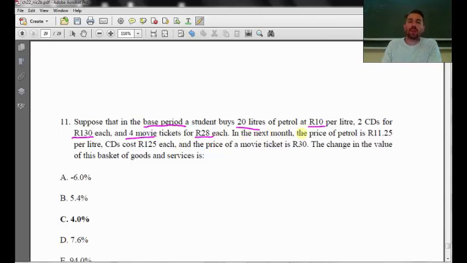In the next month, the price of petrol has changed. The price of petrol is now 11 Rand 25. Yeah, you can tell this question was set a while ago. And CDs cost 125. Price of movie tickets is now 30. What is the change in the value of the basket of goods and services that this student buys?